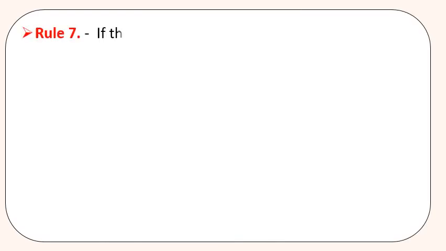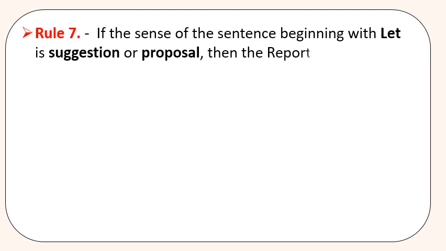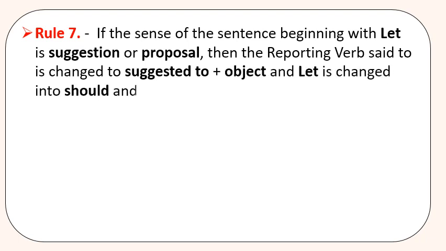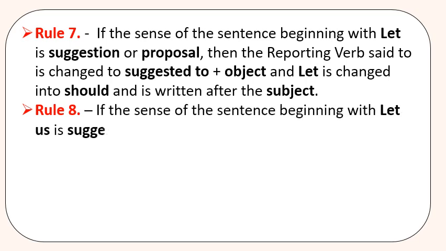Rule number 7 is if the sense of the sentence beginning with let is suggestion or proposal, then the reporting verb said to is changed to suggested to plus object, and let is changed into should and is written after the subject.